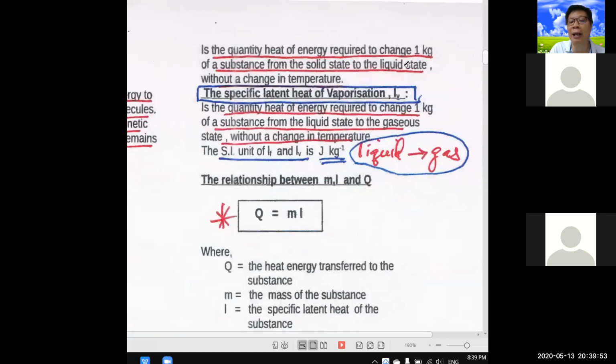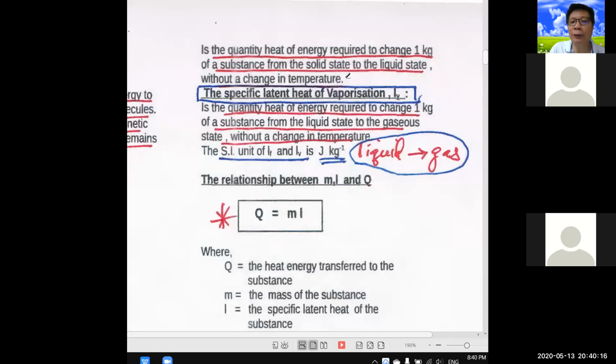So remember that: specific latent heat of fusion is the heat energy required to change 1 kilogram of substance from solid state to liquid, for example from ice to water. Very important, you must add here: without a change in temperature.